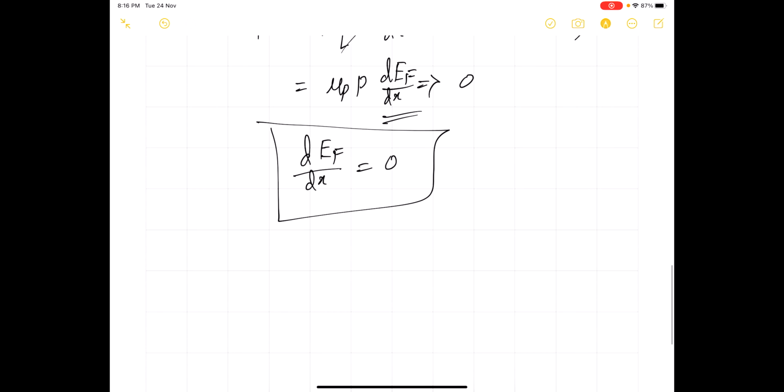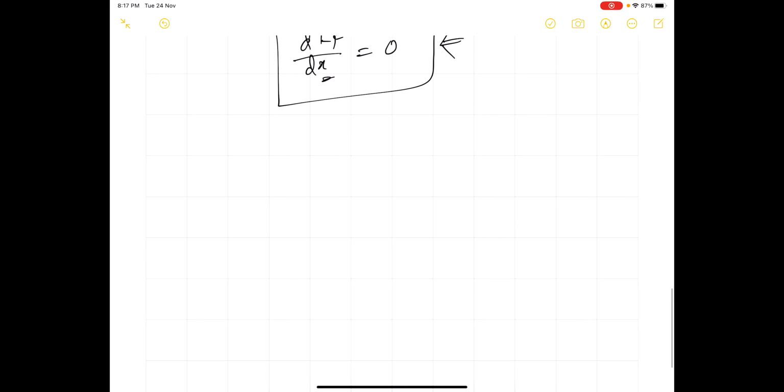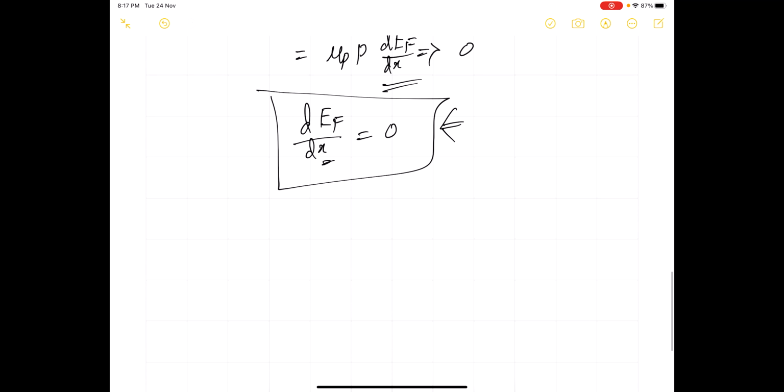So in equilibrium condition for a device, the Fermi level has to be independent of distance. Ef has to be constant throughout the device; there is no change in the Fermi level. This is going to be the key point when we want to plot the band diagram for a PN junction.